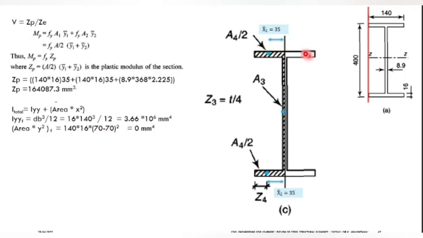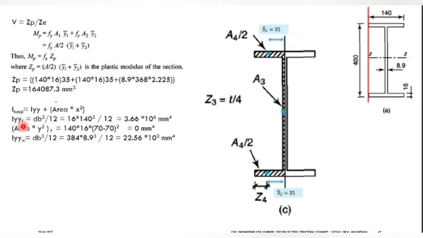The centroid will act at 70 mm, since this is 140 mm, at exactly half of the distance. So you will be getting 70 minus 70, totally it will be 0 mm, power 4.